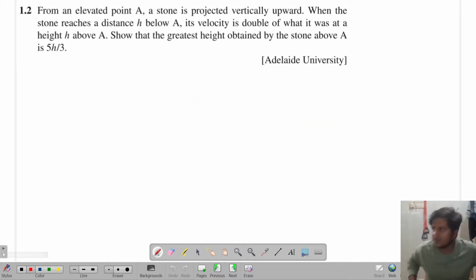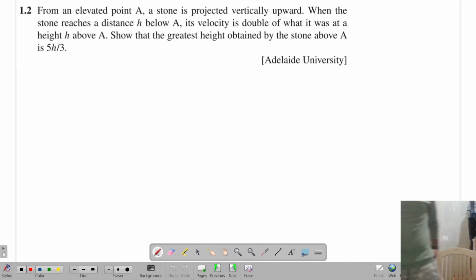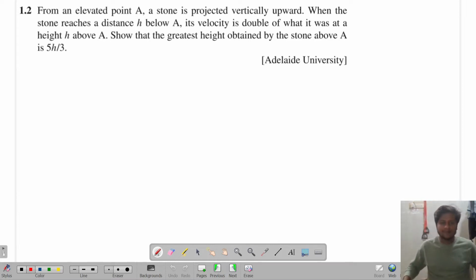Next question number 2. Again, a nice question. If you can solve this, I will be like, yes, I have one student. Yes, try it.